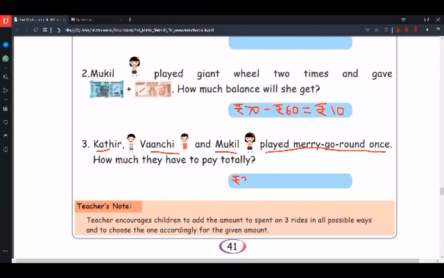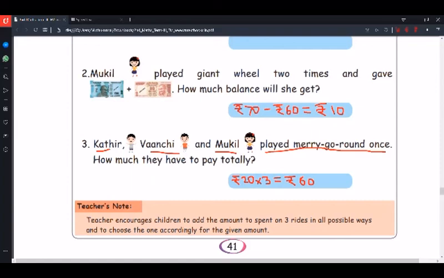So, totally they have to pay 20 into 3, which is equals to rupees 60. So rupees 60 they have to pay to the merry-go-round.